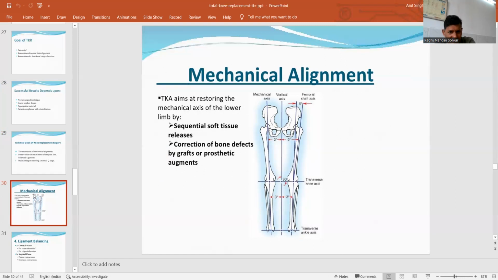Mechanical axis: we draw a line from the ASIS to the center of the hip, the center of the knee joint, and the second toe. So this is the mechanical axis.